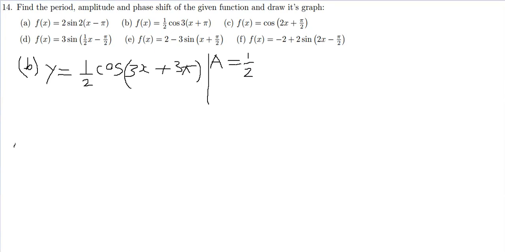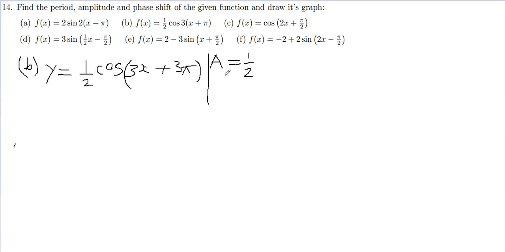The question is saying find the period, the amplitude, the phase shift. So on the first question, our vertical phase shift was 0, while the horizontal phase shift was pi. And on this one, the amplitude is equal to half. You just get the coefficient there.